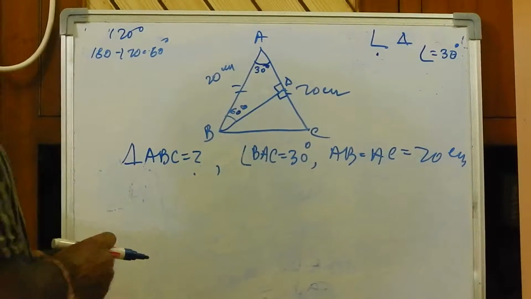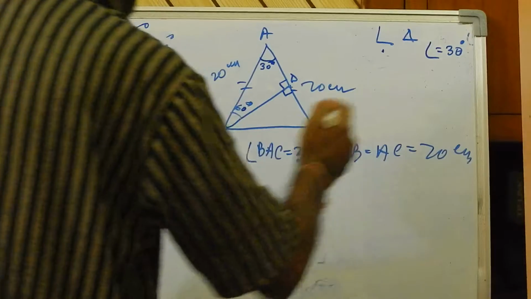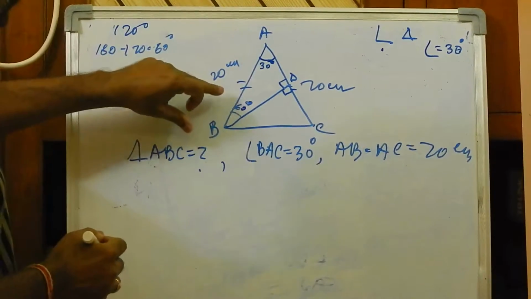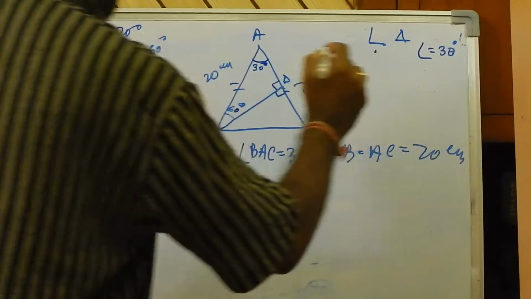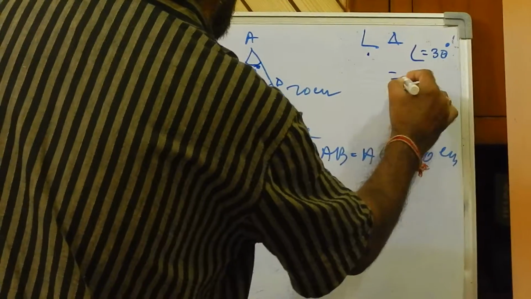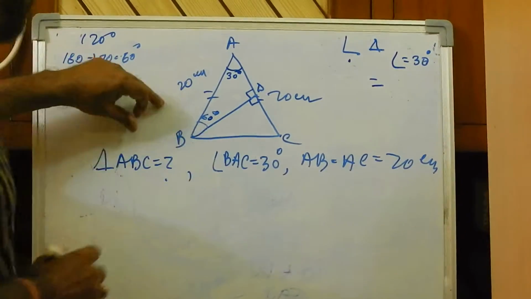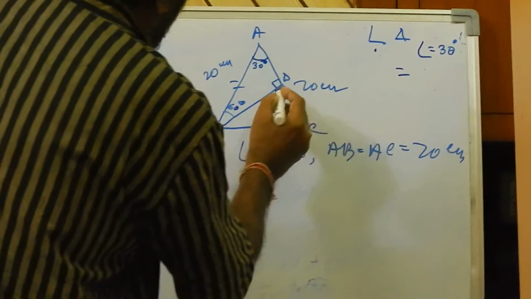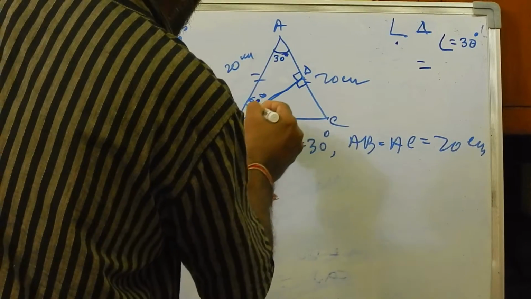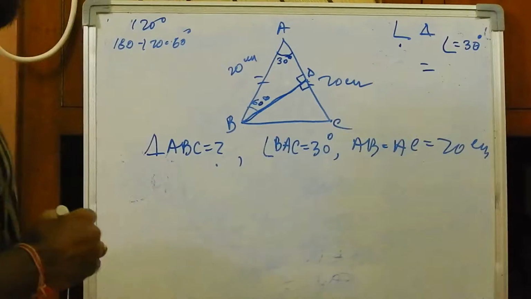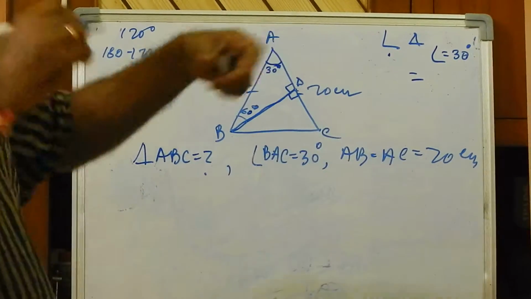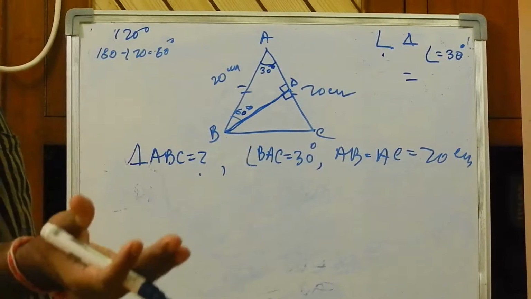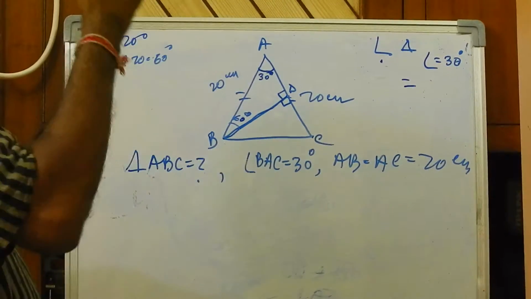And then the theorem says that the side opposite to the 90 degree, that is called the hypotenuse, should be twice the side opposite to the 30 degree angle.